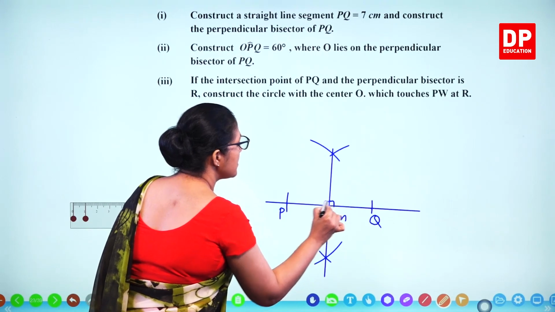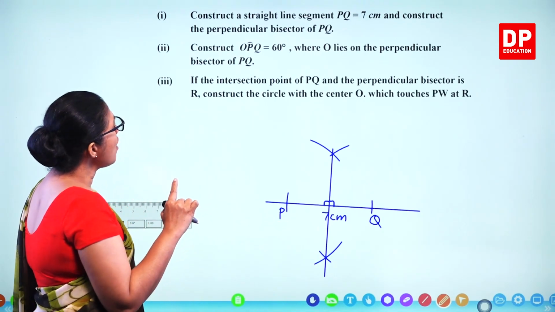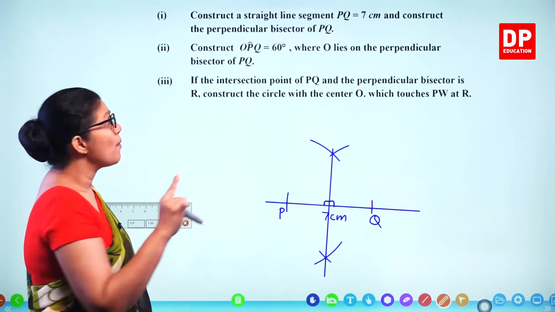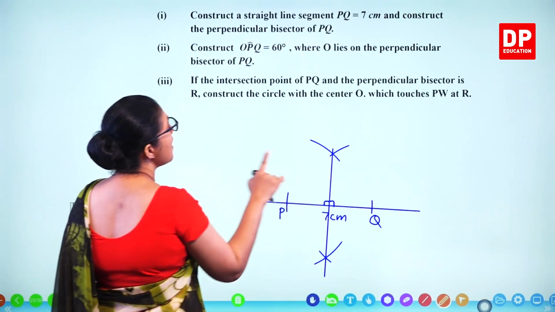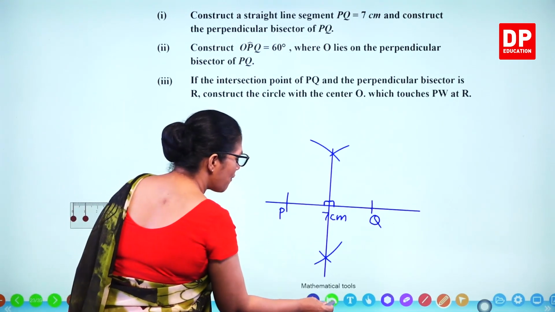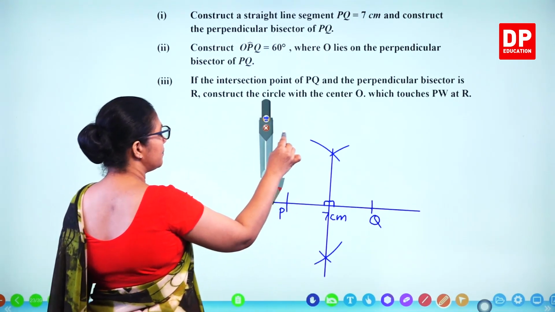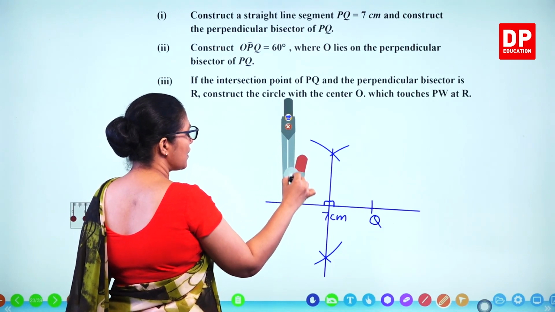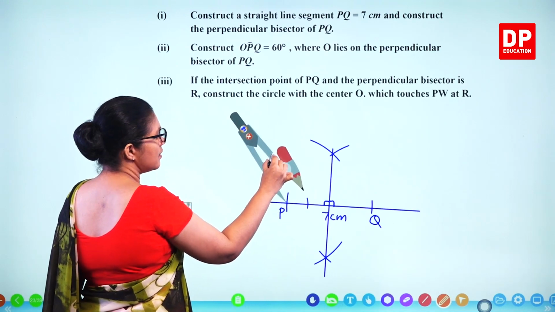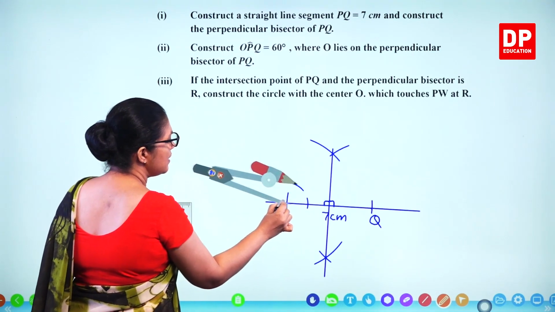So we'll mark 90 degrees. Construct angle OPQ, where the OPQ angle is 60 degrees and O lies on the perpendicular bisector of PQ. So we have to construct a 60-degree angle at P. Take any distance, draw an arc and another arc in the middle.